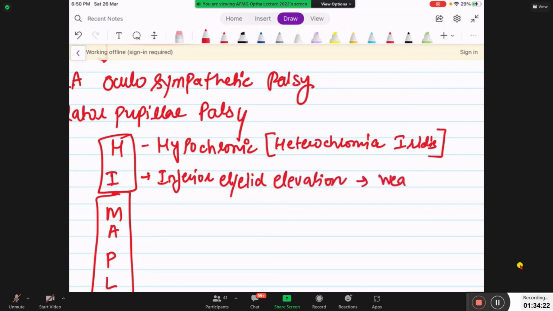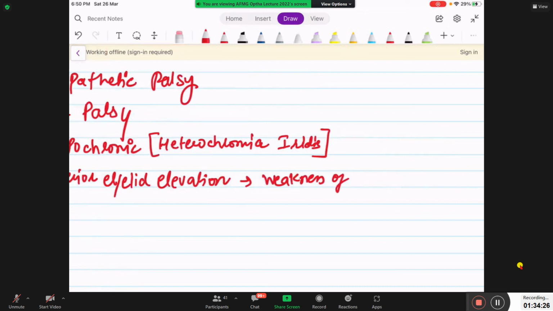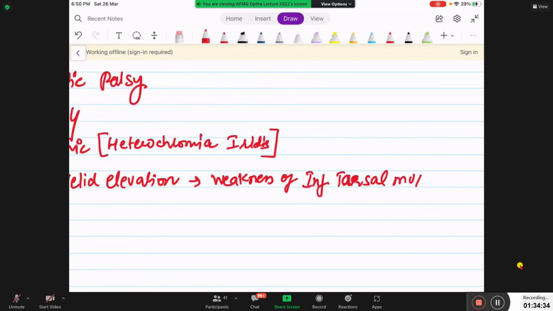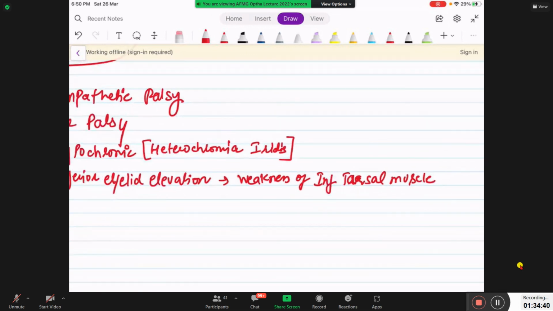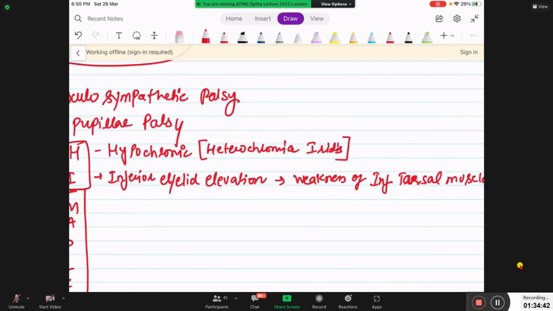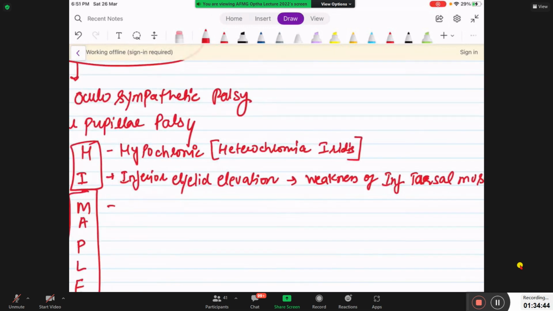Remember, this is because of weakness of the inferior tarsal muscle. Inferior tarsal muscle weakness will lead to inferior eyelid elevation. M stands for meiosis.